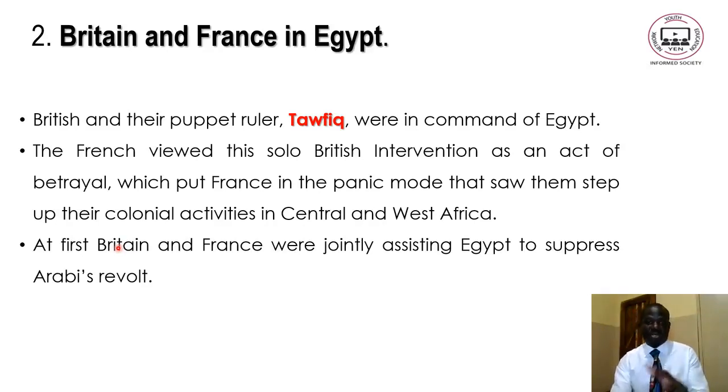Later on it was found that Britain alone dominated the area. So France was in panic mode, to see that we were together with Britain, but look at Britain now: he has put a puppet ruler there. In other ways, Britain is the one commanding Egypt. So it was not good for France as well.